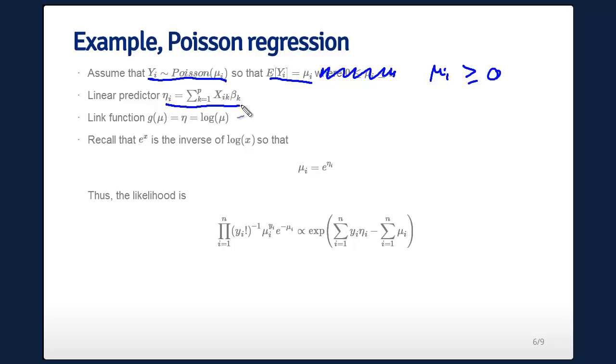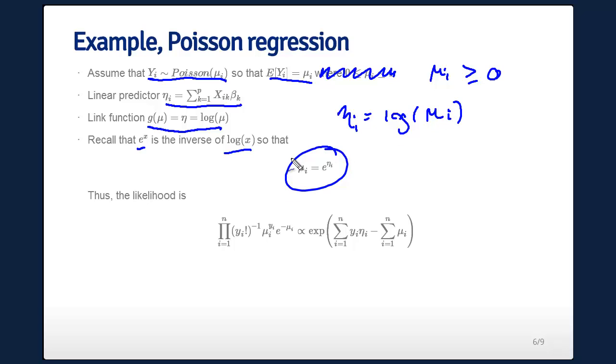The linear predictor is that guy. And the link function, let's say in this case, is log mu. Remember that e to the x is the inverse of log x. So if eta i equals log mu i, then we can invert it and write that mu i equals e to the eta i.